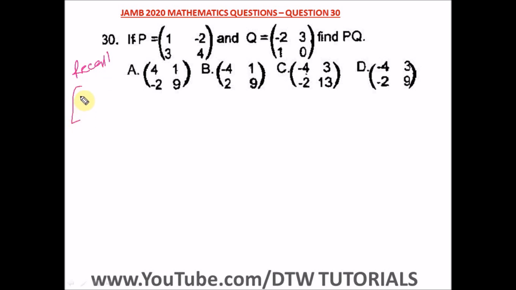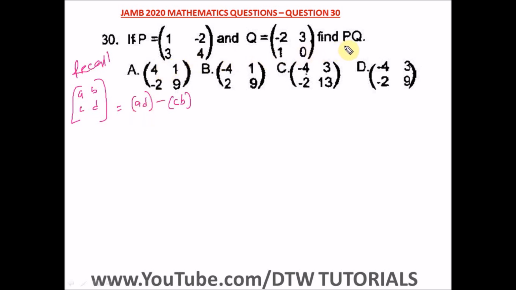We recall in our matrices, we have A, B, C, D. We recall that this is equal to AD minus CB. Now, going through this guideline, we have for P. Okay, please have this in mind because we'll use this for the next question.